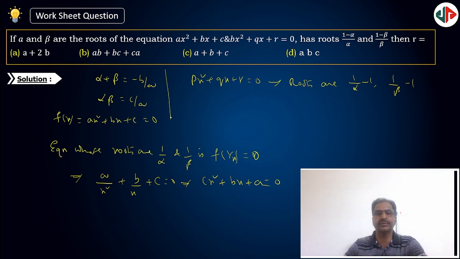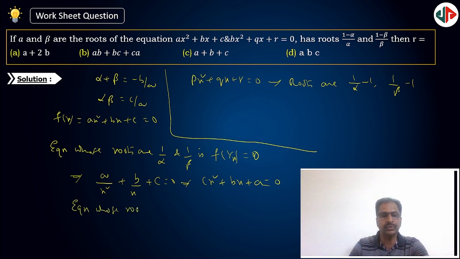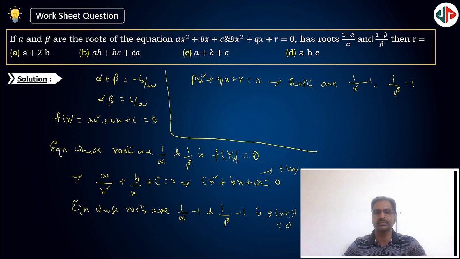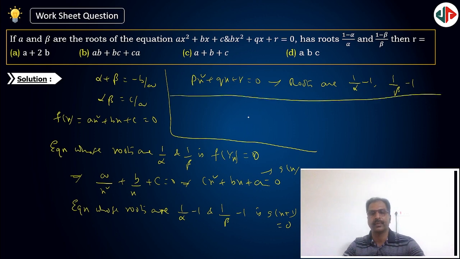But what is the equation required for us? For this equation, the roots are 1 by alpha minus 1, 1 by beta minus 1. Then, how to get the equation whose roots are 1 by alpha minus 1 and 1 by beta minus 1? Let us say this is some g of x. To get this equation, you have to replace x with x plus 1. So g of x plus 1 is equal to 0. Now, how to get g of x plus 1? Replace x with x plus 1.